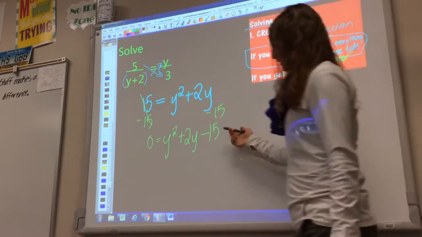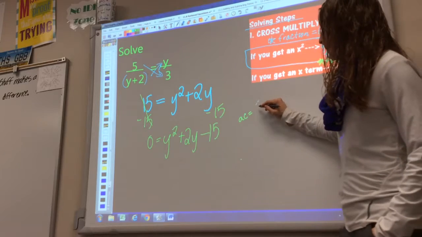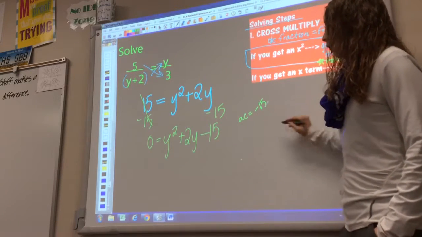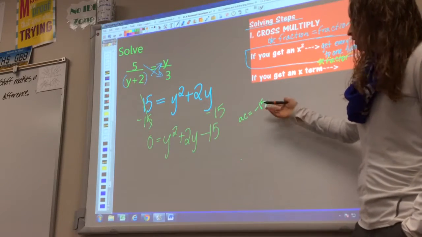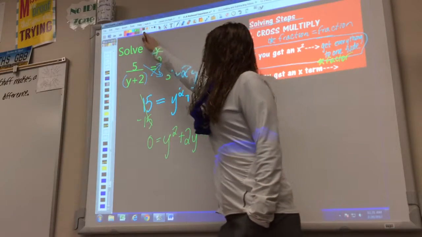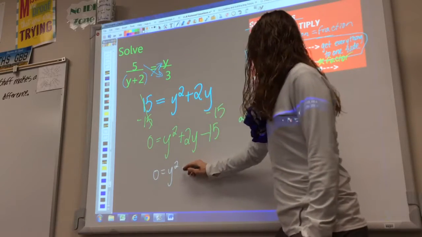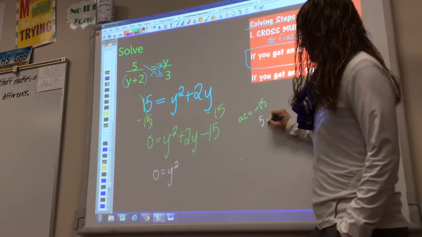No. So then we would do the British method. AC would be what, you guys? Negative 15. What two numbers would add to get 2? Negative 3 and 5. Yeah, some of you are getting very good at this British method.